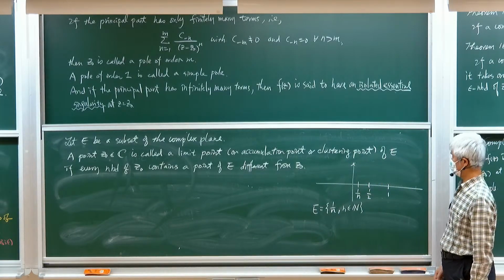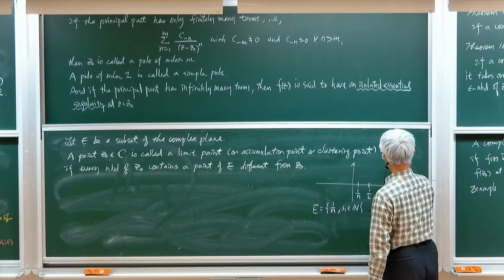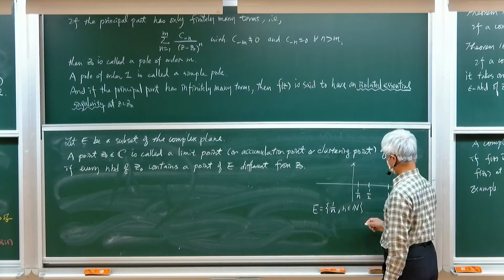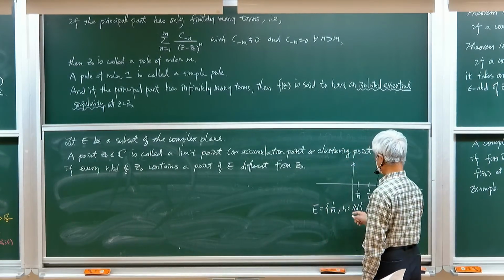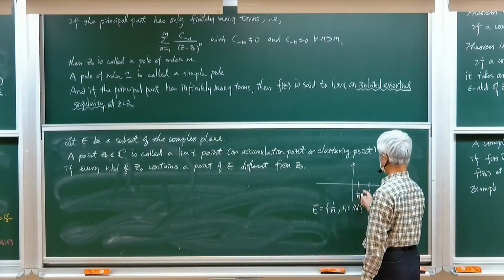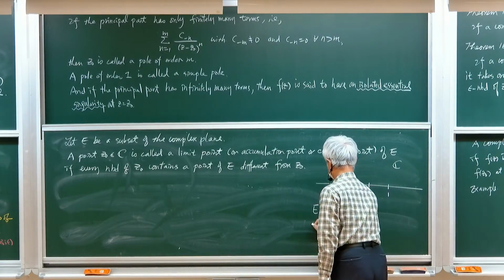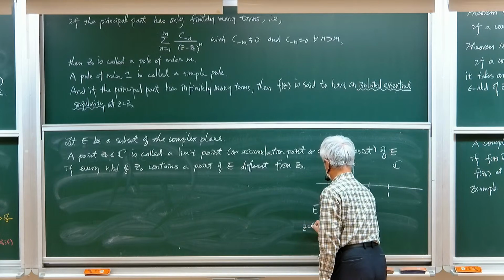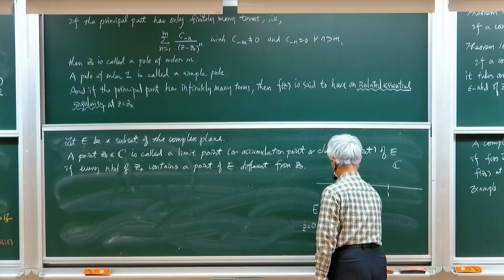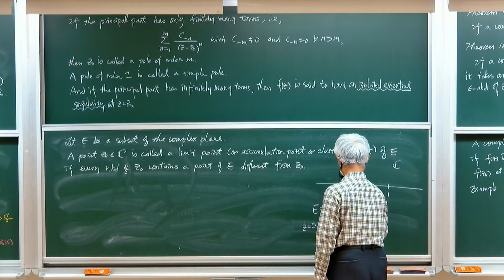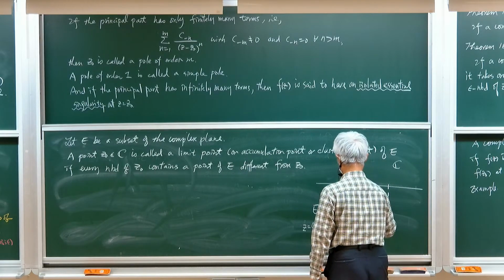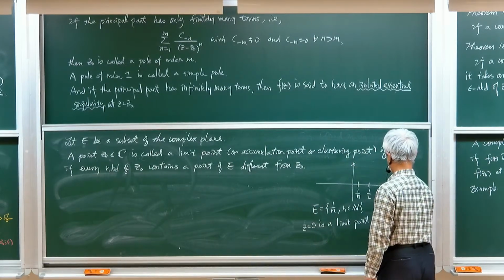This is the complex plane here. You can see that z equal to 0 is a limit point of E. Why?